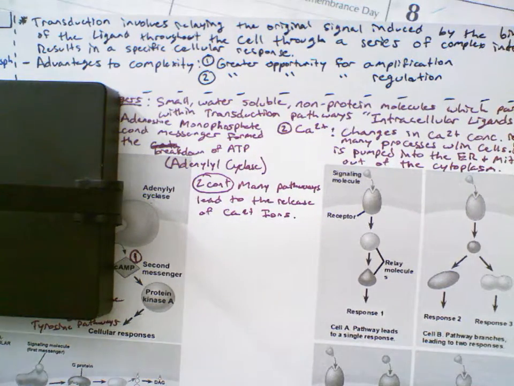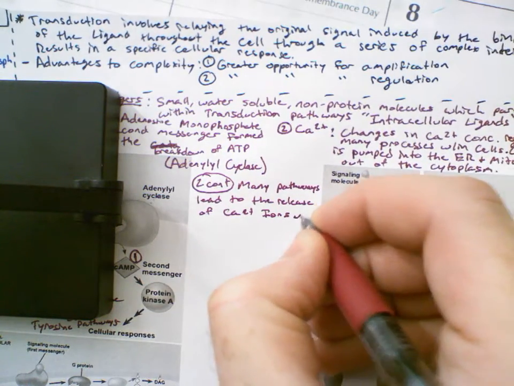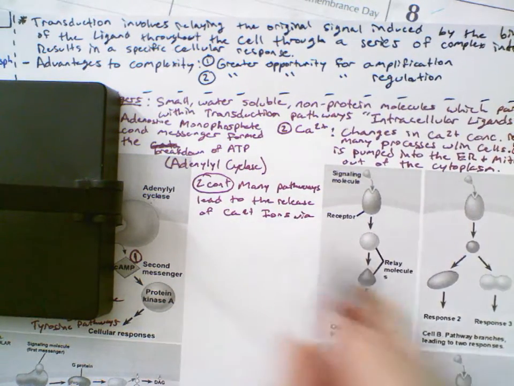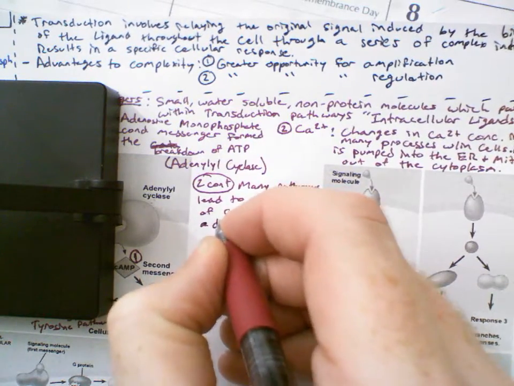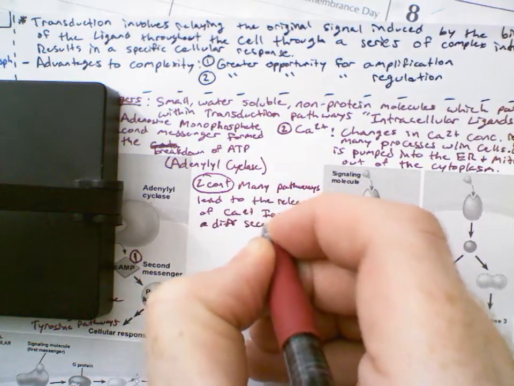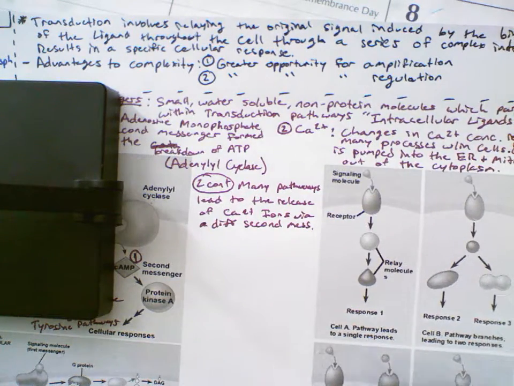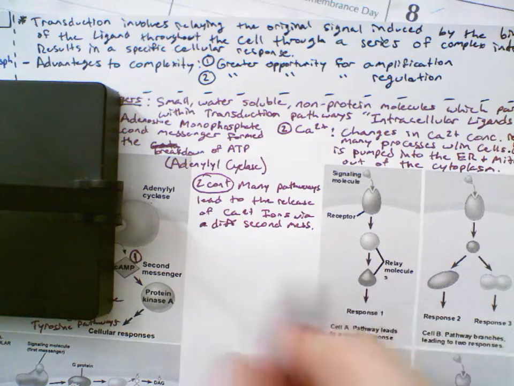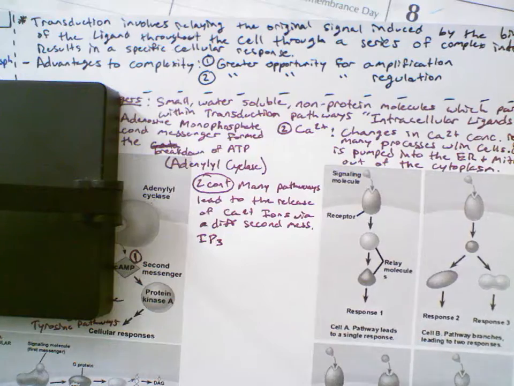And this is going to be released from the endoplasmic reticulum or from the mitochondria. Release of calcium ions via a different secondary messenger, which your book mentioned. So a different second messenger, which was IP3. And we'll look at the schematic here in a second, and this will make more sense.